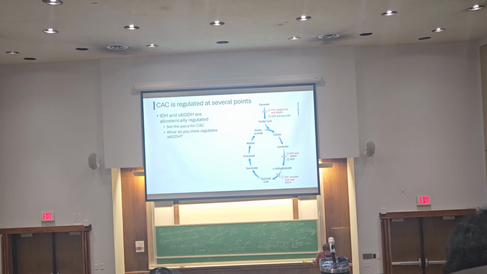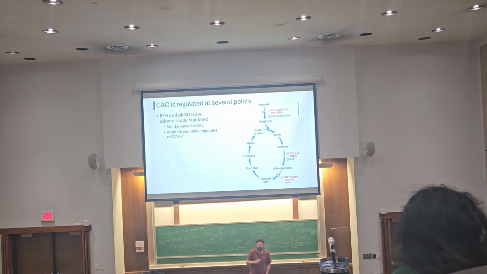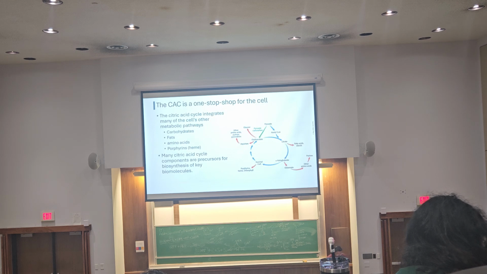And this is to be expected since isocitrate dehydrogenase and alpha-ketoglutarate dehydrogenase both catalyze the two irreversible steps in the citric acid cycle. So of course these two are going to be regulated.